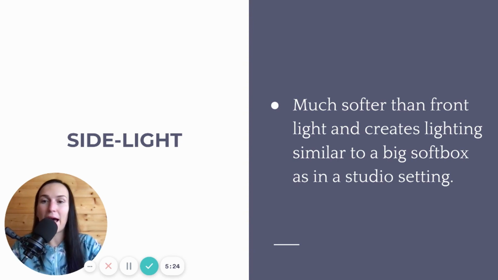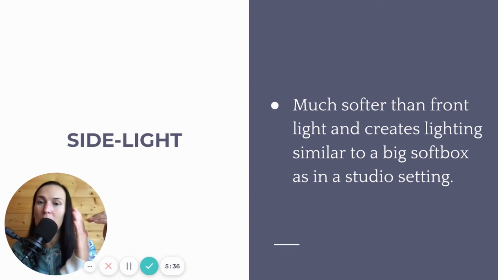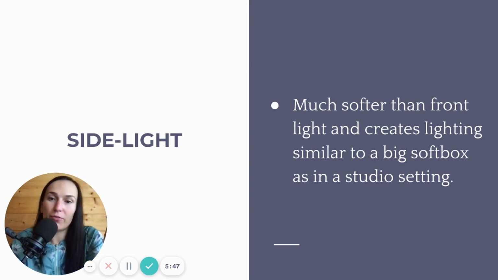And if you want to have it even softer, then you can have those boards next to you that reflect even more, and you don't get weird shadows. But on the other hand, when the light comes from the window, from the side, and goes on the food, then on the other side you will get super nice shadows. So it depends on what's the mood, what's the scene, what kind of thing you want.